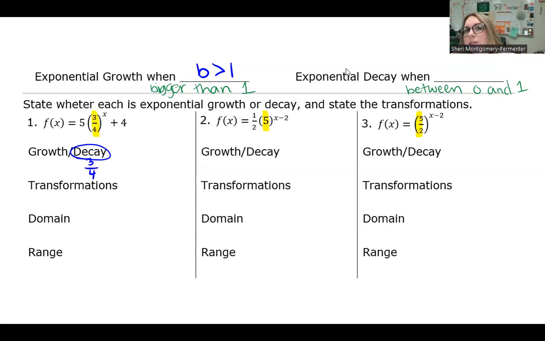Do you see how in this one B is bigger than 1? This one, B is less than 1, but it's also bigger than 0. So it's between 0 and 1.